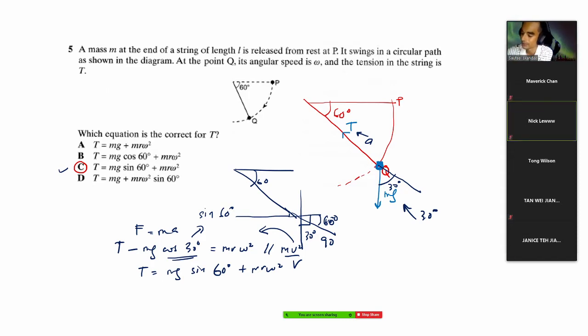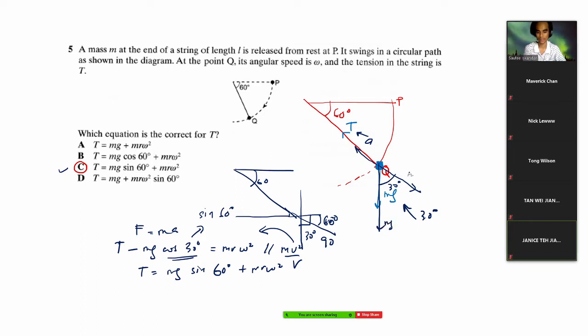Joe, can I ask something? Yes. T minus mg cos 30. How do you get that again? Okay, from here, this is T. Over here, this is mg.